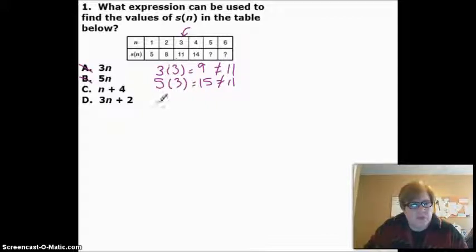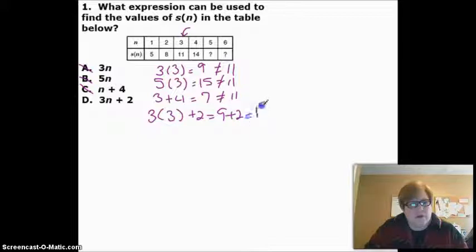N is 3. 3 plus 4 is, sorry, 7, which is not equal to 11, so it's not C. And then on D we have 3 times 3 plus 2, which is 9 plus 2, or 11. So D is the pattern, or the function, that is taking place here.